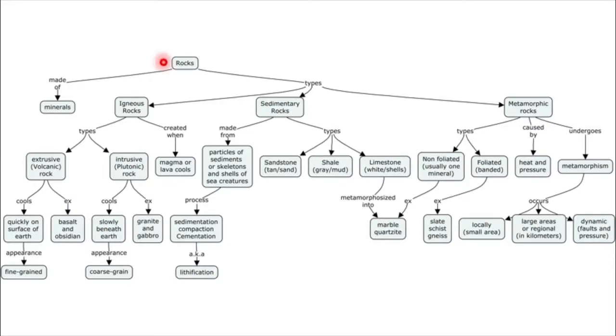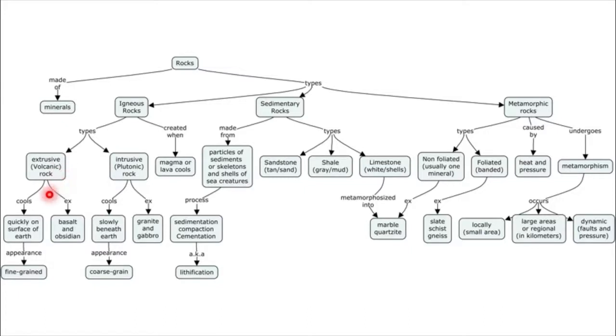So this is the conceptual summary about rocks. Rocks are made of minerals, and there are three types of rocks: igneous rock, sedimentary rock, and metamorphic rock. For igneous rock, there are two types. One is extrusive rock, also known as volcanic rock. The other type is intrusive rock, also known as plutonic rock.